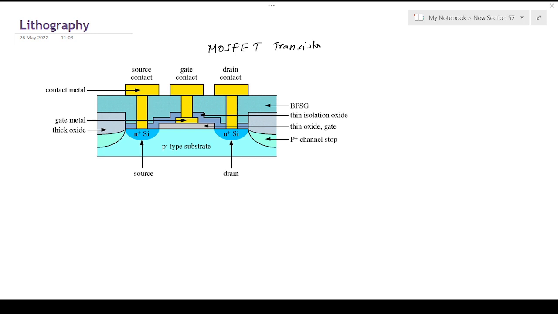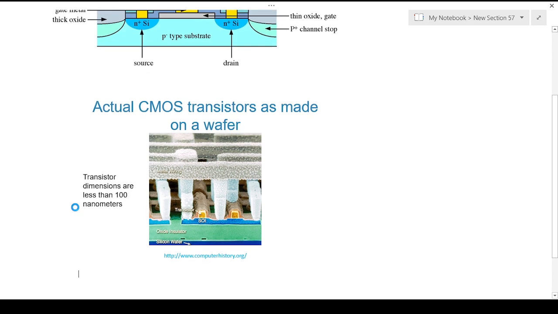When you see the actual CMOS transistors made on a wafer, as you can see here, this is a transistor wafer with CMOS transistors on it. In any construction of integrated chips like ICs, we have a silicon wafer, on that an oxide insulator, and a gate and source, or a transistor as you can see here, and a metal wiring on the top.